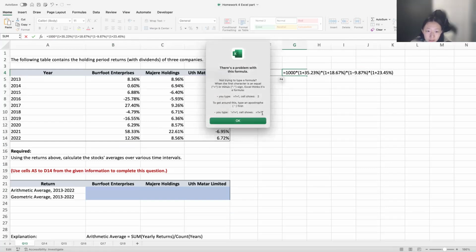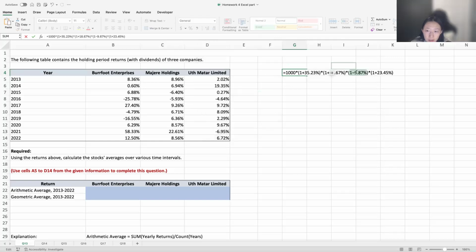And what does it say? Okay, how about I change it to 0.0?